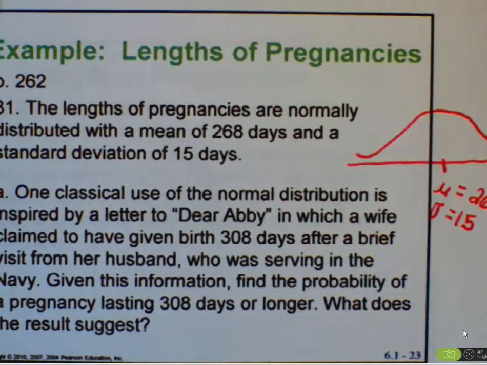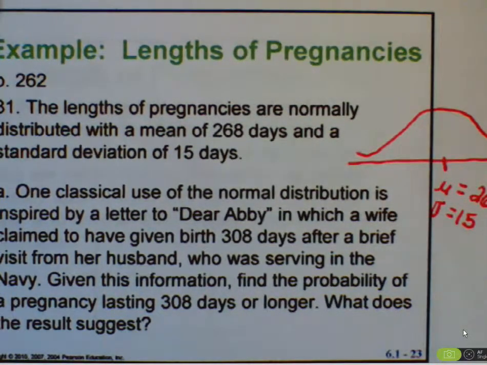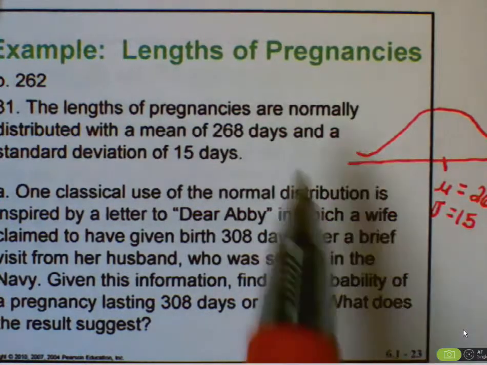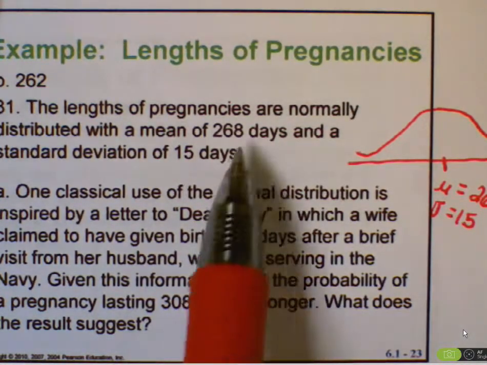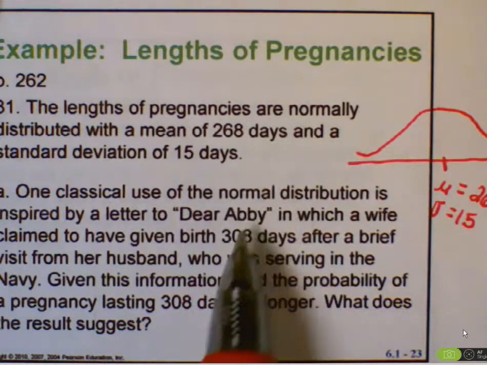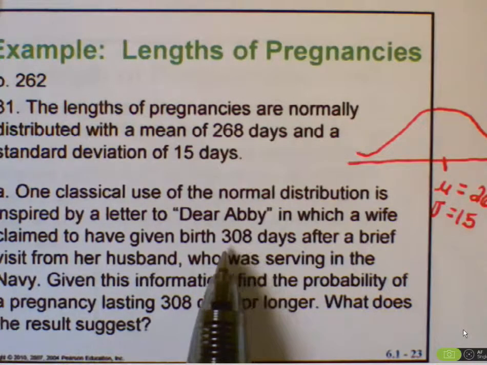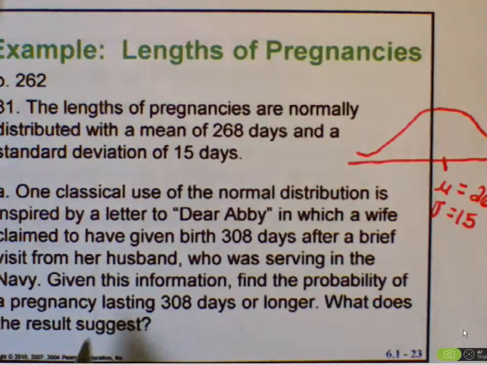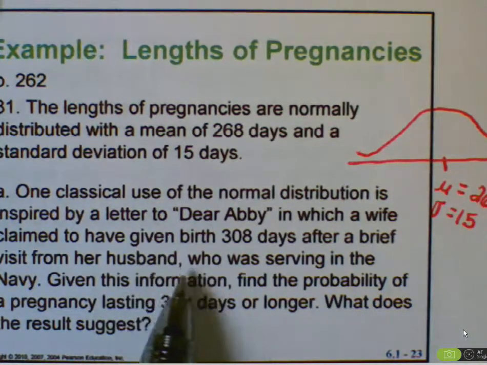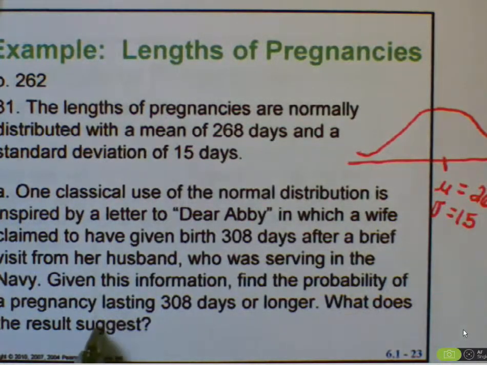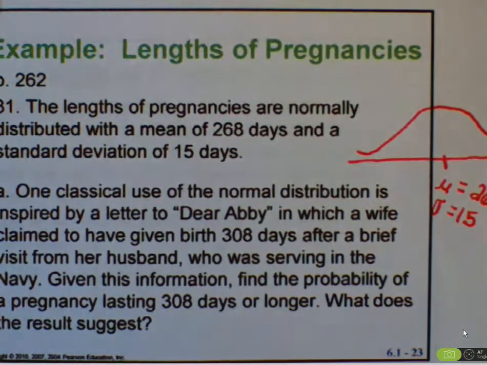And the A part says one classic use of the normal distribution is inspired by a letter to Dear Abby, in which a wife claimed to have given birth 308 days after a brief visit from her husband who was serving in the Navy. Now, that is 40 days longer than the average pregnancy. So, what we're trying to find out is what's the probability that she actually got pregnant when her husband was home from the Navy and had a pregnancy that lasted 308 days or longer.